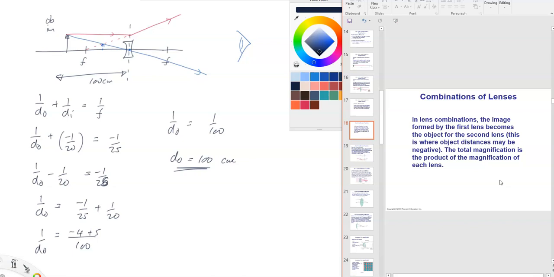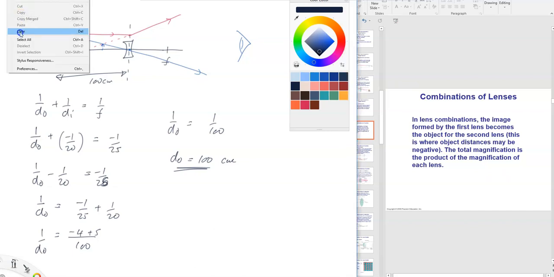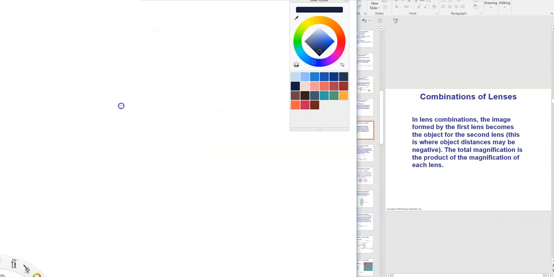Combinations of lenses. The image formed by the first lens becomes the object for the second lens. The total magnification is the product of the magnification of each lens. Now these are very interesting stuff.